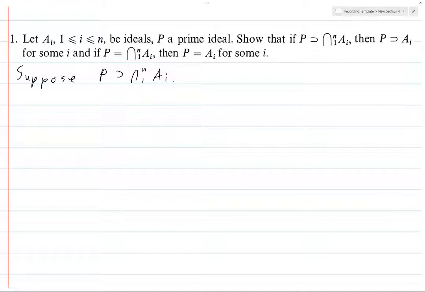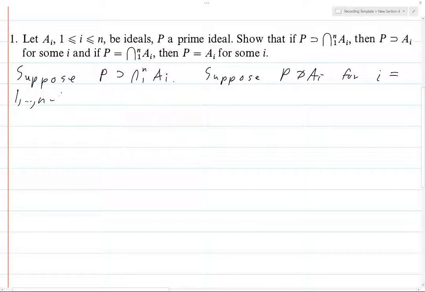So, suppose that P contains this, and then I'm going to suppose that. So we want to prove that P contains some AI. Let's write it this way. Suppose P does not contain AI for I between 1 and n minus 1.